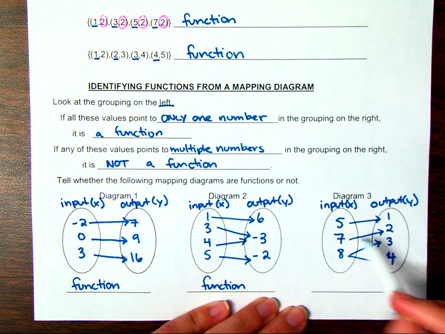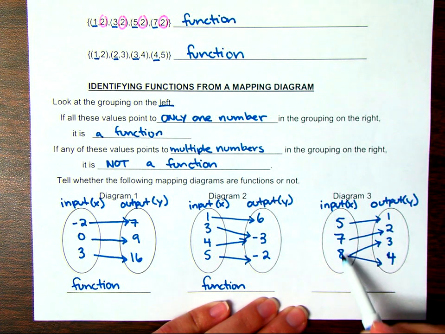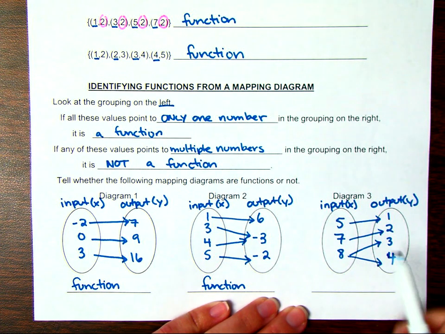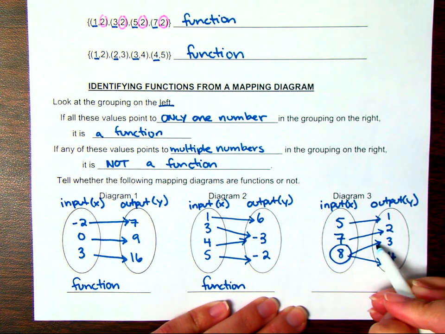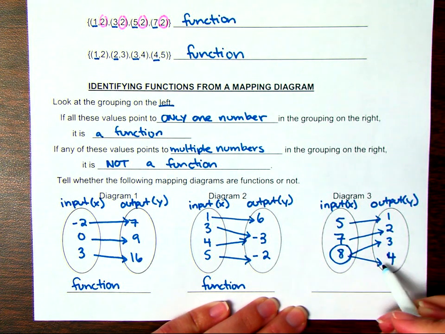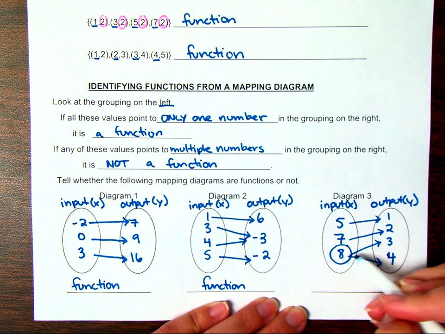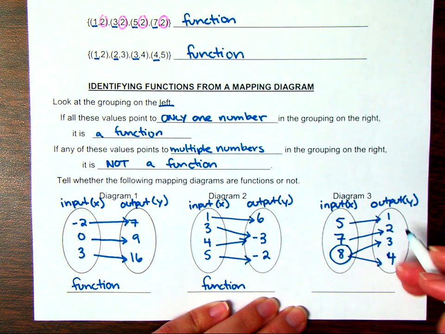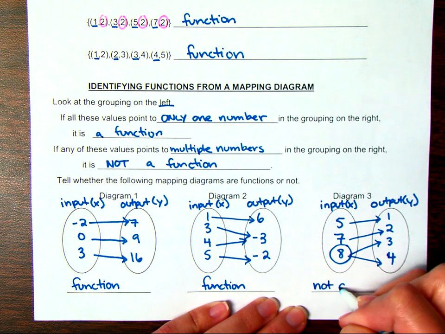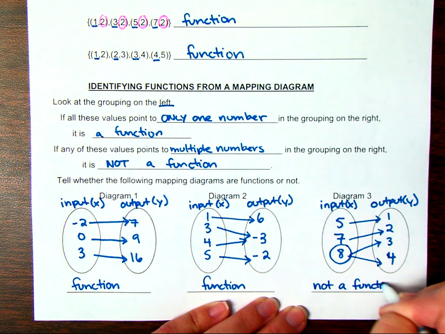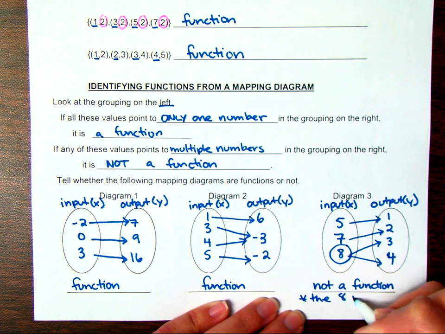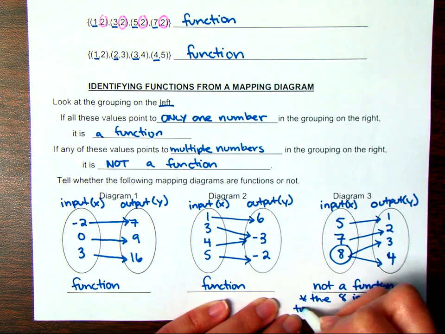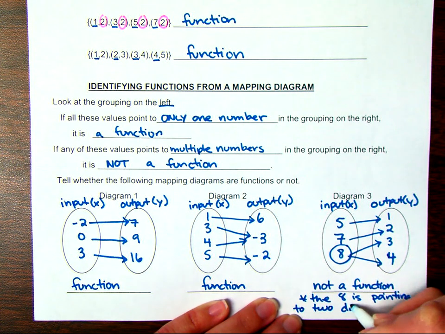Well, my X values don't look like they repeat, but actually, right here, 8 is pointing to 3, and 8 is pointing to 4. So my X's would repeat if I made a list of ordered pairs, so this is not a function. Okay, the 8 is pointing to 2 different Y values.